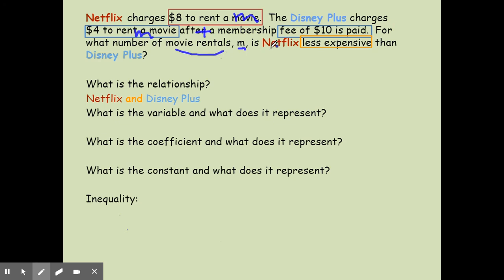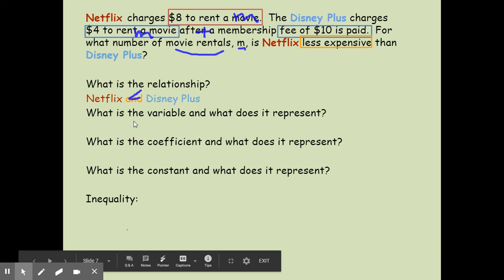And then my question says Netflix has to be less expensive than Disney Plus. So I want Netflix to be cheaper than Disney Plus, right? So my less has to point to Netflix.